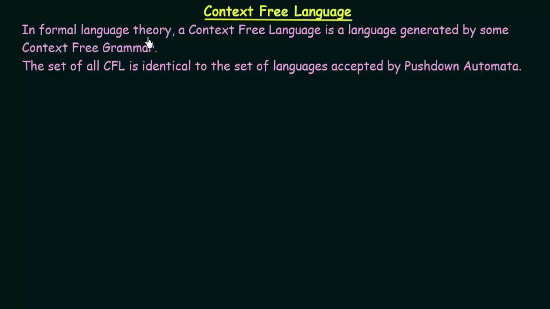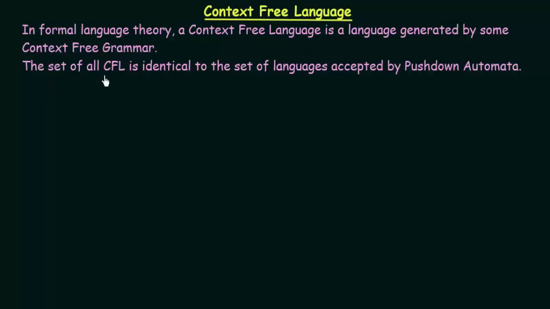In formal language theory, a context-free language is a language generated by some context-free grammar. So, just like regular languages were generated using regular grammar, the languages that are generated using context-free grammar are known as context-free languages.